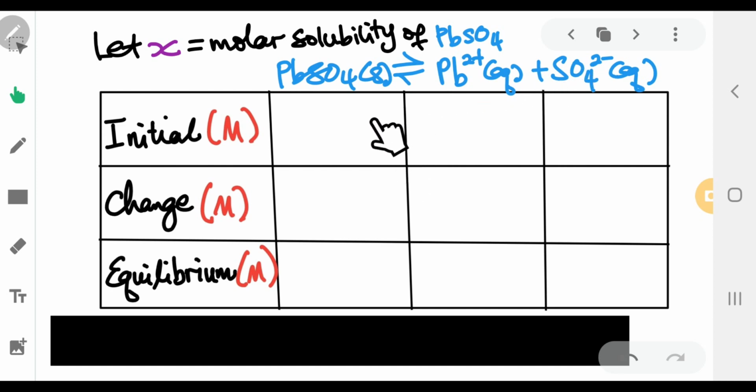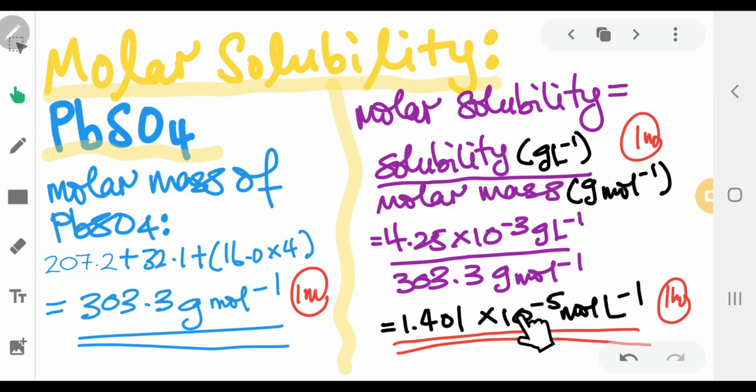But before we proceed with filling in the ICE table, for this kind of problem solving, it's quite special because the ICE table will be written together with the statement on top here, where we're going to be letting x be equal to the molar solubility of lead sulfate. Remember, the molar solubility is this, we have found out just now.